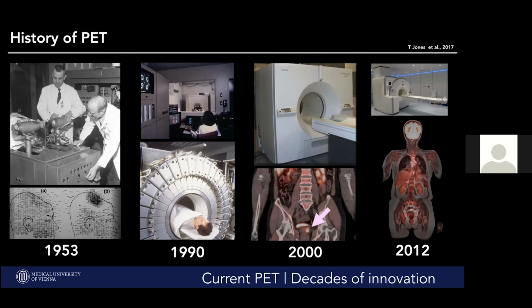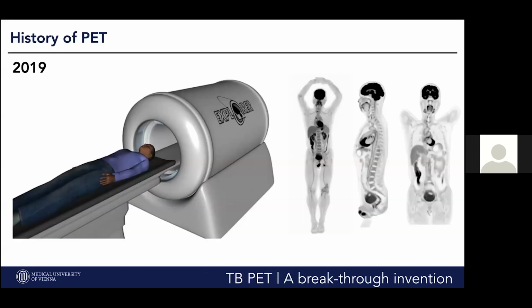But nonetheless, you can see the different colors and tastes or flavors that PET comes in and is now available. Just to give you a ballpark figure, worldwide, we have about 6,000 PET-CT systems and PET-MR systems, compared to about 10 times more for the CT.